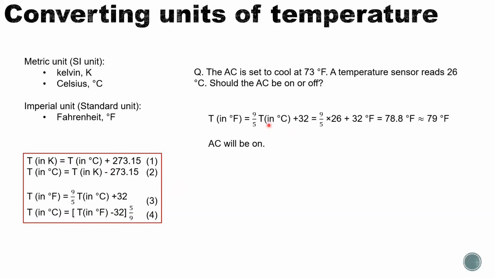We convert degrees Celsius to Fahrenheit using equation 3. So it's 9/5 times 26, the degrees Celsius, plus 32, and the value is 78.8 Fahrenheit. Rounding it off, we have 79 Fahrenheit. It's higher than the set point, and we want to cool the room, so the AC will be on.